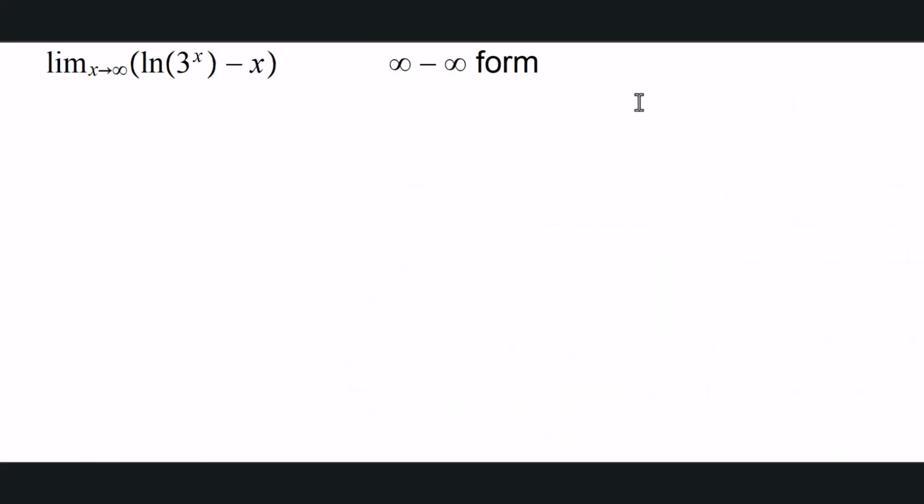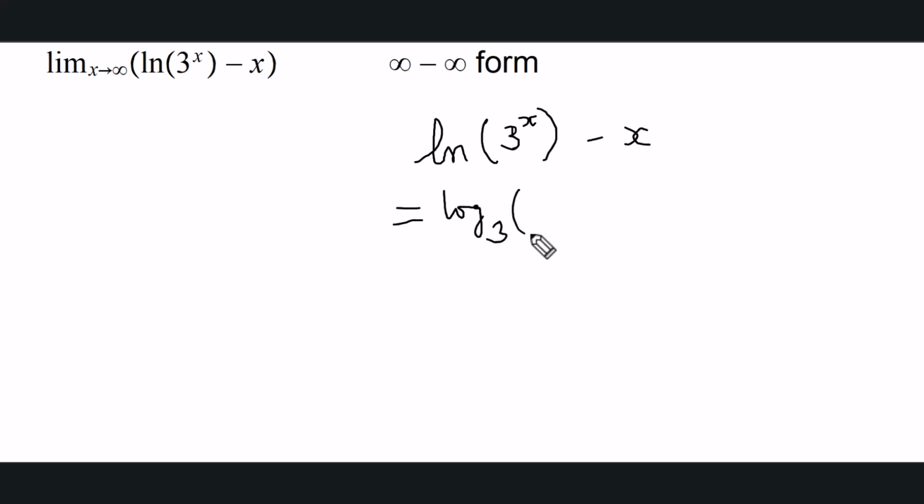If we come back here, note that right here is our main function. What we have is log with base e of 3 to the x, minus x, so the base here and the base here are different.